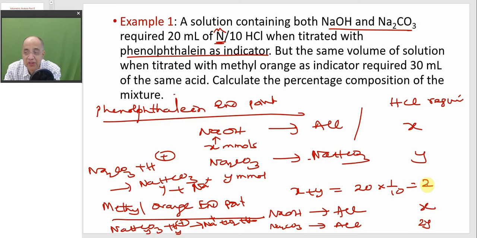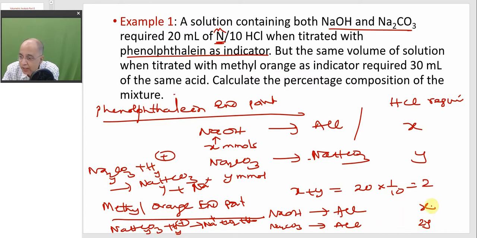The number of moles of HCl required will be double the number of moles of sodium carbonate, because you are getting stoichiometry Y for this step and Y for this step also, so 2Y.